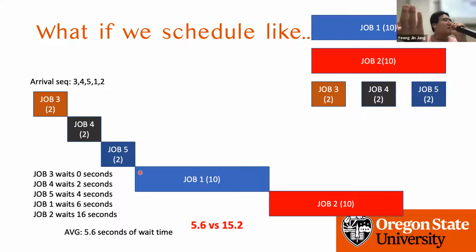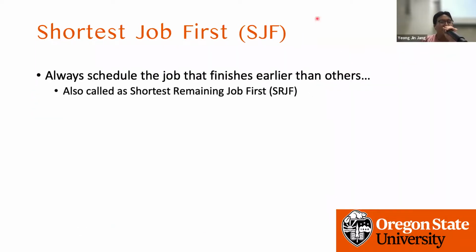But in the preemptive manner, after running 1 second, we can forfeit the execution right and schedule another one. Then job 1's remaining time becomes 9. By reducing that remaining time, we can apply the shortest job first algorithm to preemptive machines.